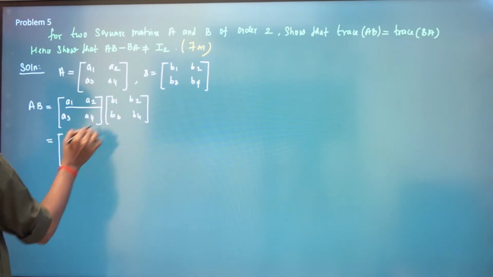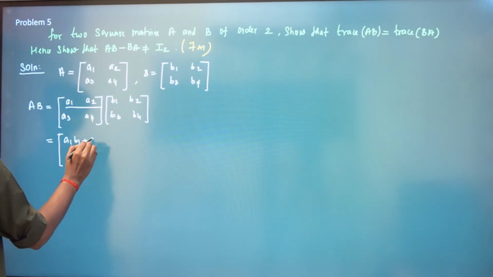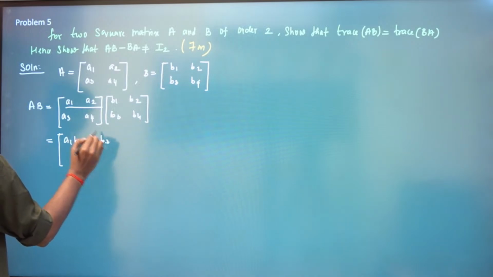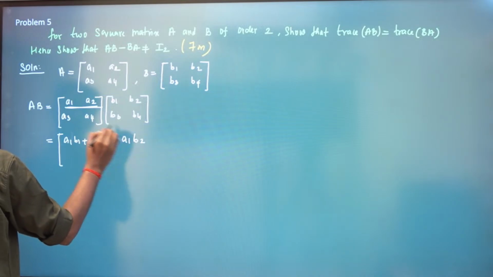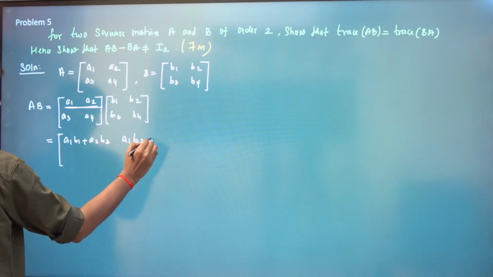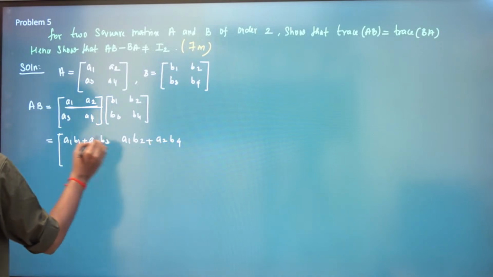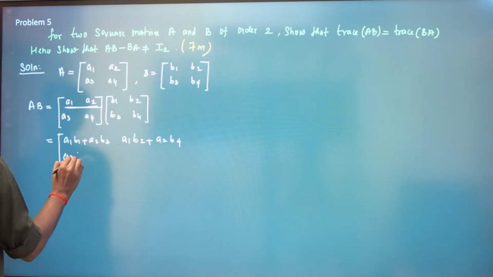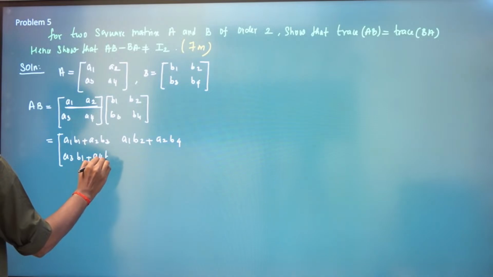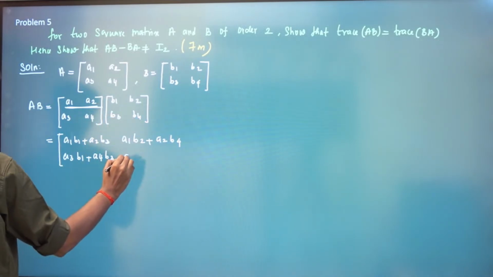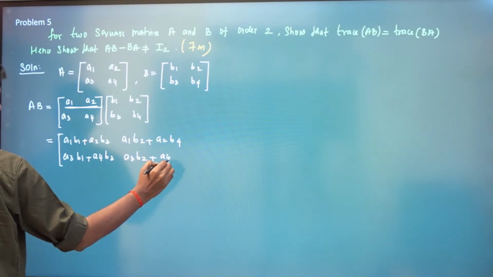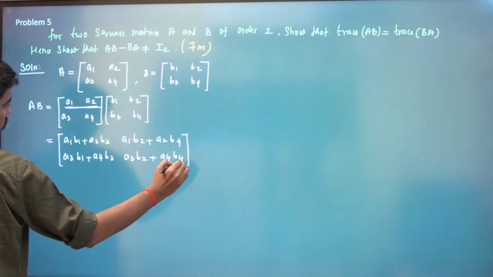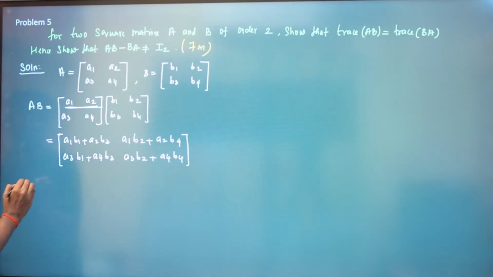So what you will have here: A1 B1 plus A2 B3, then A1 B2 plus A2 B4, then A3 B1 plus A4 B3, then A3 B2 plus A4 B4. This is our AB. Now you find BA.